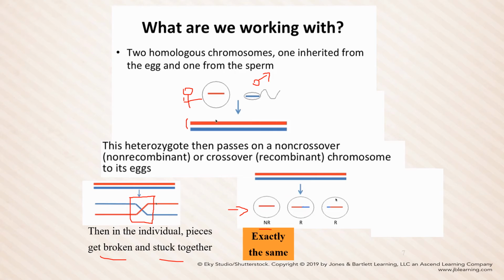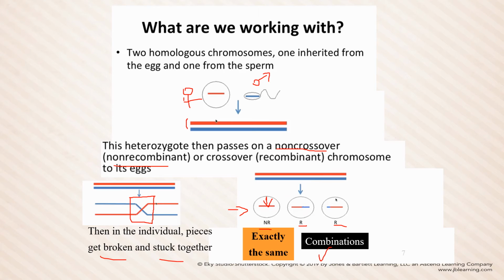So they will be non-crossover and non-recombinant. And at the same time you will have other ones that have combinations. So this one is only red. However, the other two represent recombinants because there was crossover in that.